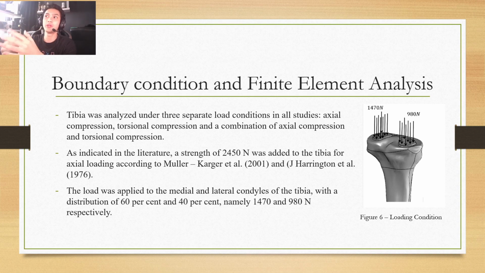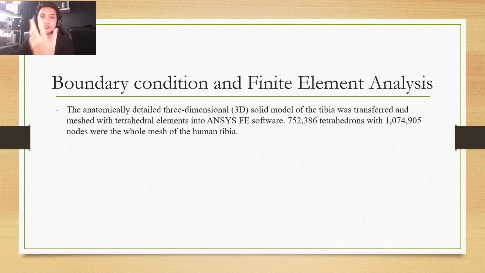So we want to see how the femur will react when an external force is applied on the femur bone. The anatomically detailed three-dimensional solid model of the tibia was transferred and meshed with tetrahedral elements in finite element software.